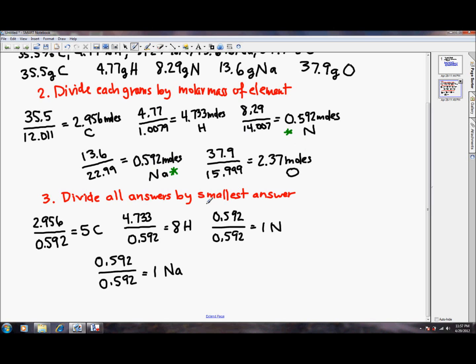I'm taking each of these answers and dividing it by the littlest answer. Okay, and then lastly I've got 2.37 over 0.592. Okay, and that's 4.00, so that's 4 O's.